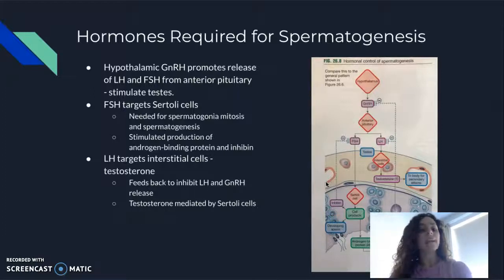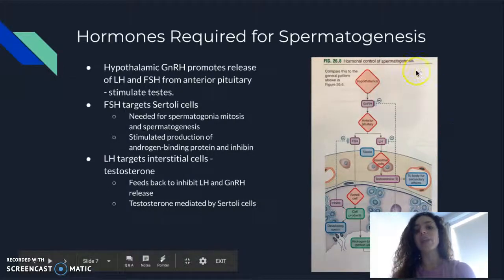Then LH targets interstitial cells, which triggers testosterone to be released, and this feeds back to inhibit LH and GnRH release, and testosterone will be mediated by those Sertoli cells.